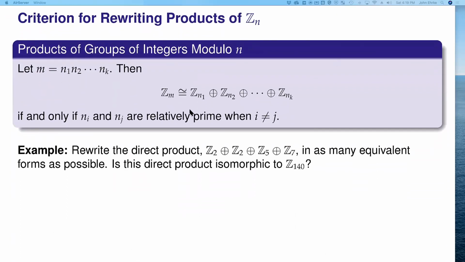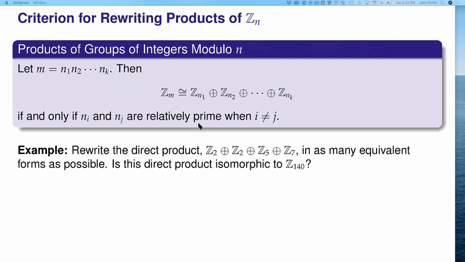If I have the integers mod n, and I know its factorization, then I can decompose it this way, but only if n_i and n_j are relatively prime. So I can only decompose this isomorphically into a direct product if I'm splitting things across relatively prime factors.